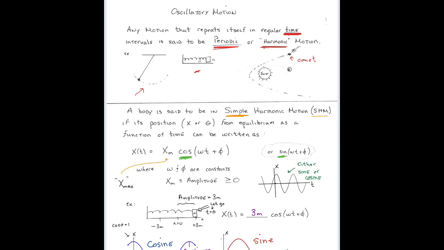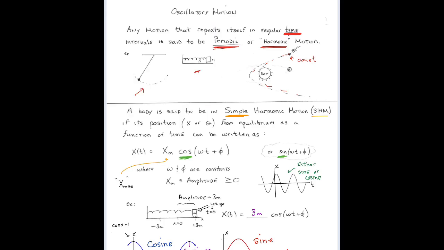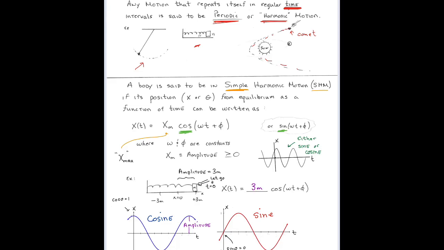Sir Edmund Halley was, I think, the first person who discovered that comets are periodic. Halley's comet is in orbit around the sun, and it comes by once every maybe 75 or 76 years. I think the last time it came by was about 1986. So we saw these objects that repeated their motion in regular time intervals. That's called harmonic motion.